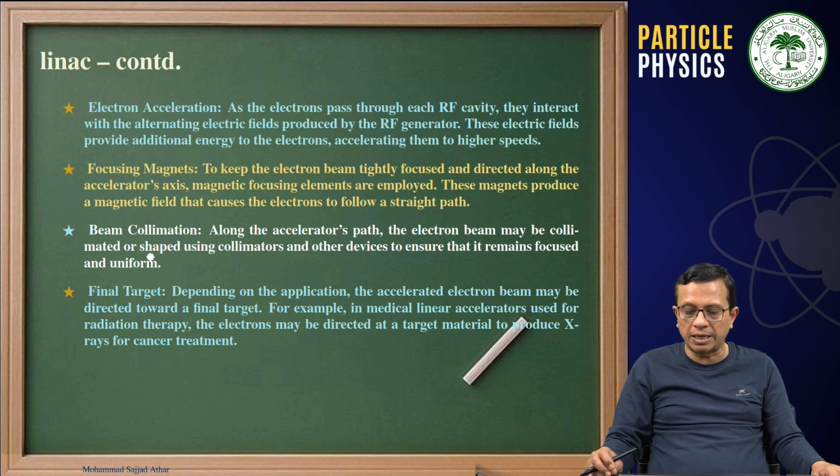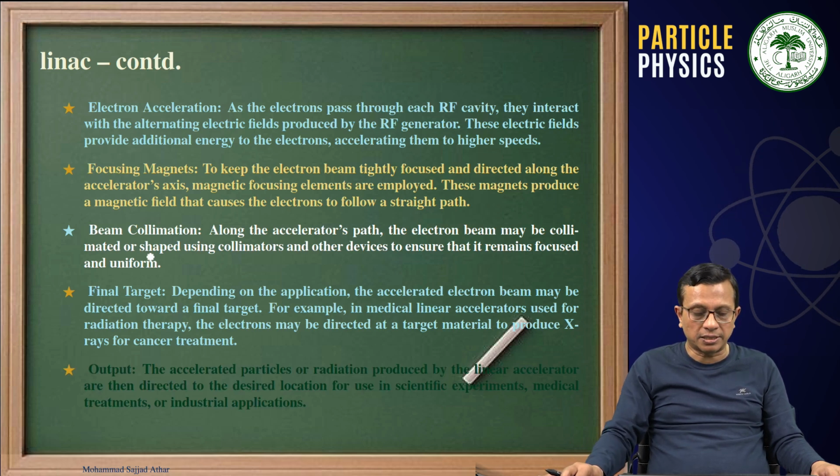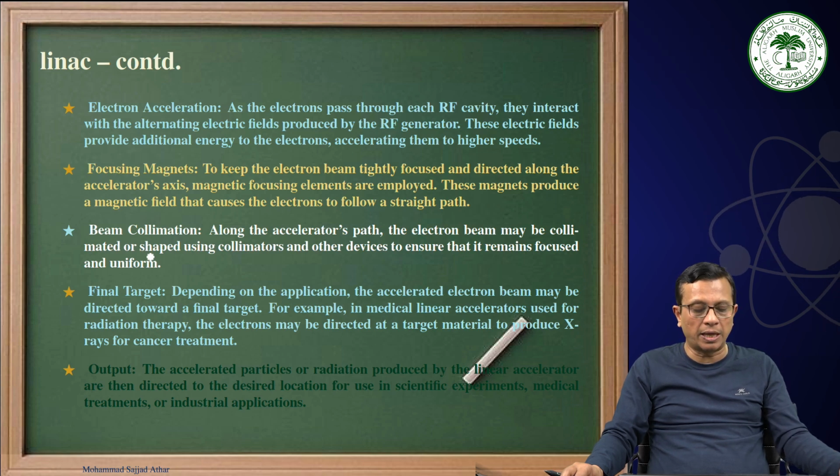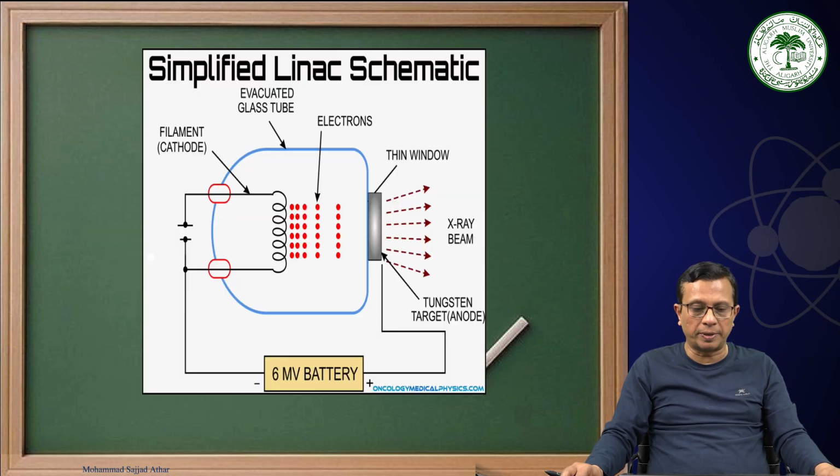For example, in a medical linear accelerator used for radiation therapy, the electrons may be directed at a target material to produce X-rays for cancer treatment. The accelerated particles or radiation produced by the LINAC are then directed to the desired location for use in scientific experiments, medical applications, or industrial applications.